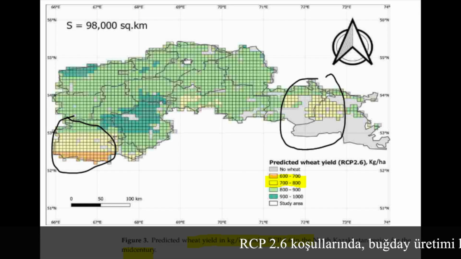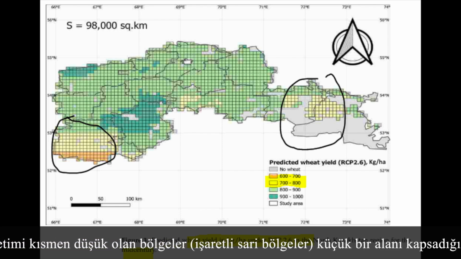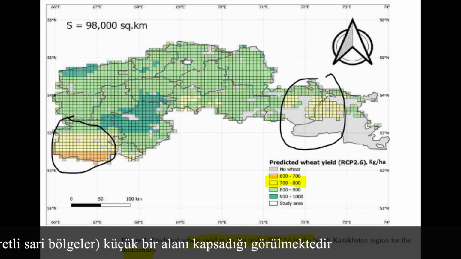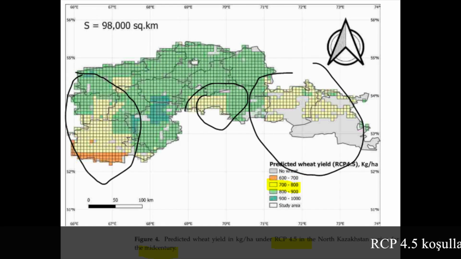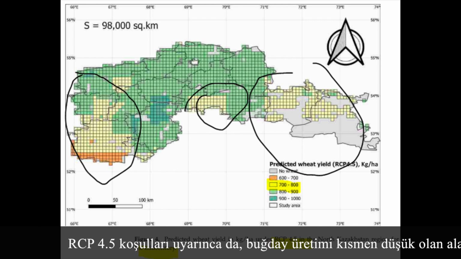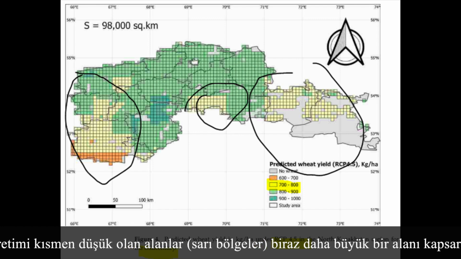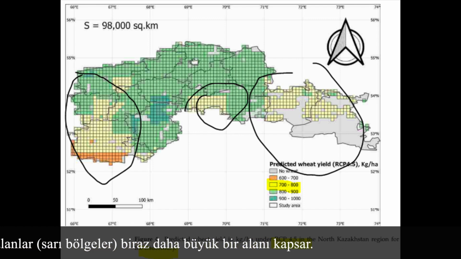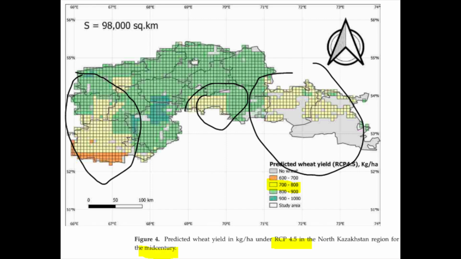Under RCP 2.6, areas where wheat yields are particularly low, meaning yellow zones, cover only a small area. Now, in the other slide, you can see under RCP 4.5 conditions, areas where wheat yields are particularly low, meaning the same yellow zones, cover a slightly larger area.